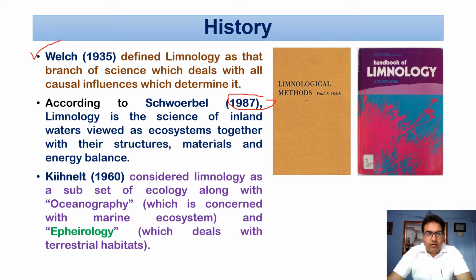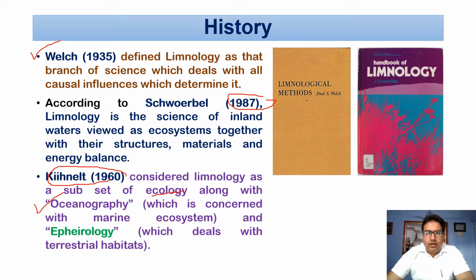Then there is also the work of Kinelt, 1960. He considered limnology as a subset of ecology. According to Kinelt, limnology is a subset of ecology along with oceanography, which is concerned with the marine ecosystem, and ephemerology, which deals with the terrestrial habitats.